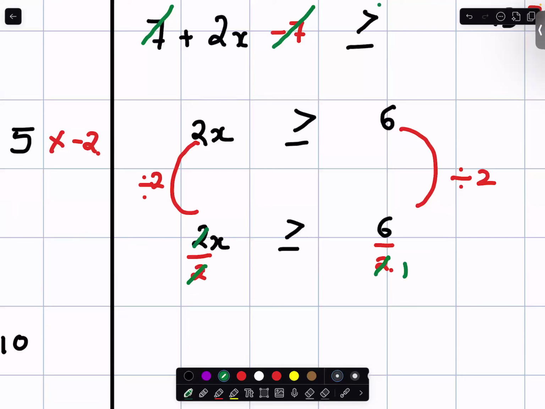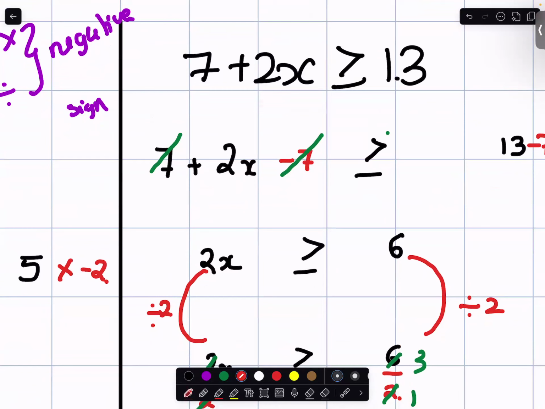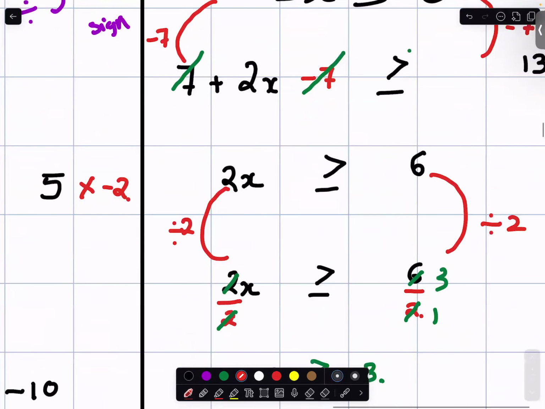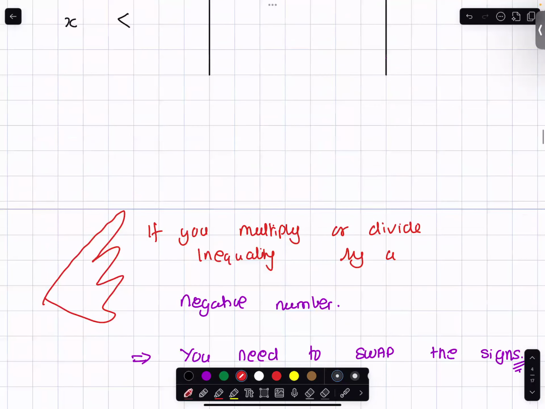This will become x is greater than or equal to 3. What you did over here, you first minus 7, and then after that you divided by 2. Let's have a look at some more examples.